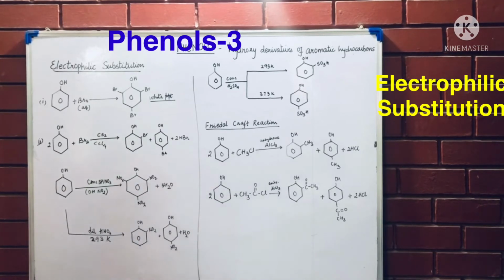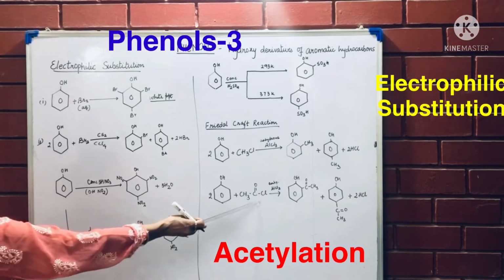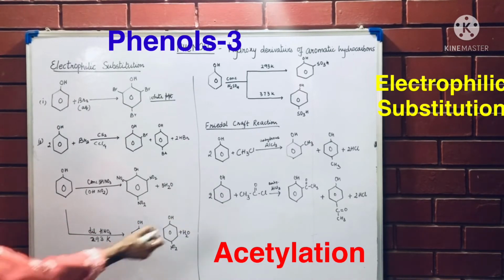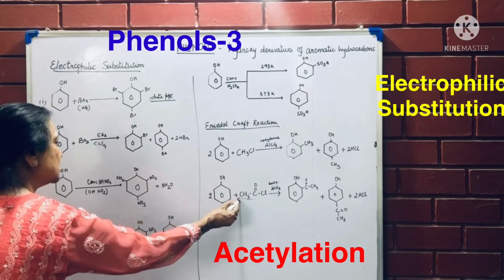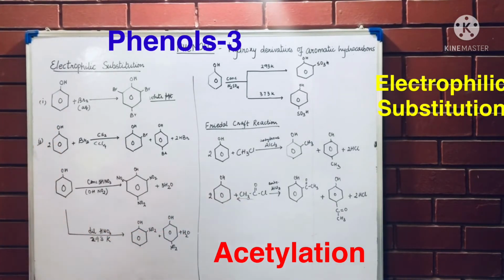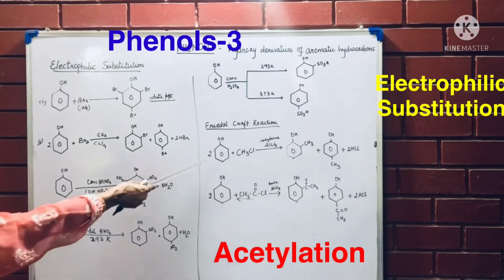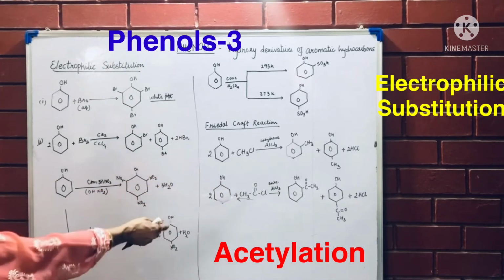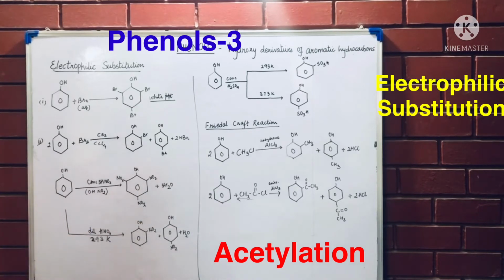Similarly, if we are reacting with acetyl chloride, I have often told you, we start writing in the opposite direction, that is in this direction. So, one ortho product which attaches COCH3, the other para product attaches COCH3, and HCl is formed. So, the first one is called alkylation, the second one is called acetylation.